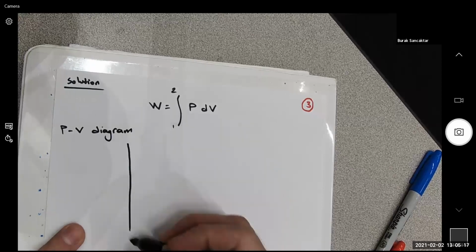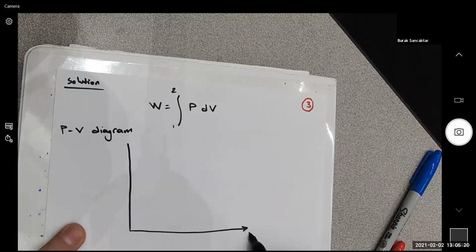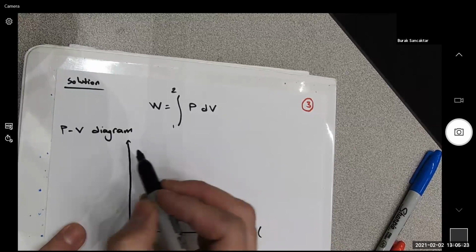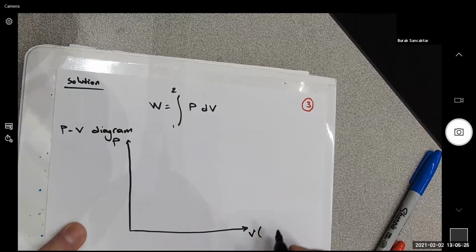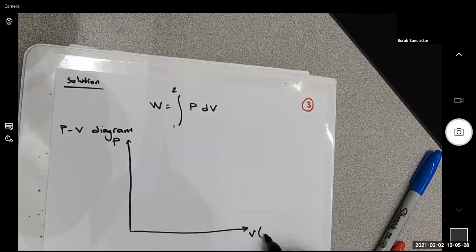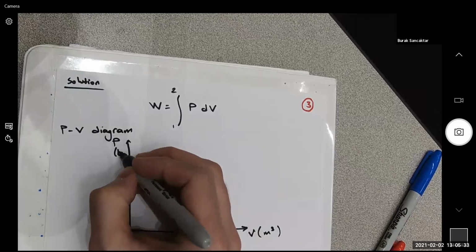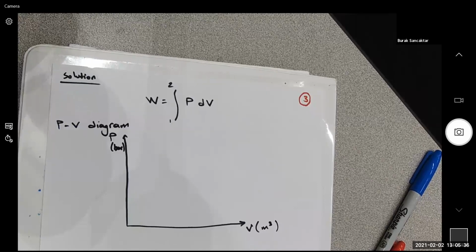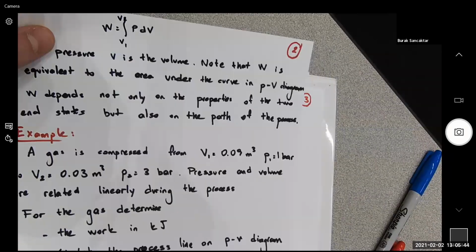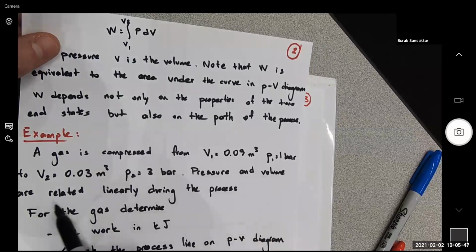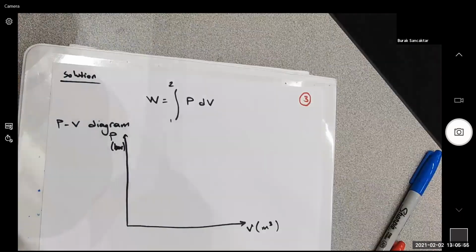Pressure on one axis, volume on the other; in this case volume is meter cubed, and pressure is bar. It is stated in the problem statement that pressure and volume are related linearly, meaning that the path of the process is linear.